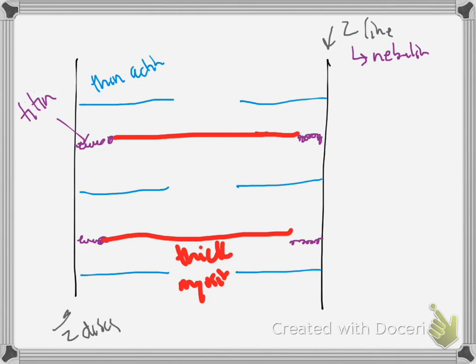Okay, so talking about these different regions of this sarcomere, I do certain colors for specific reasons, so I'll keep these colors consistent throughout this lecture. So if you're following along with color, I try to do the same colors I do.